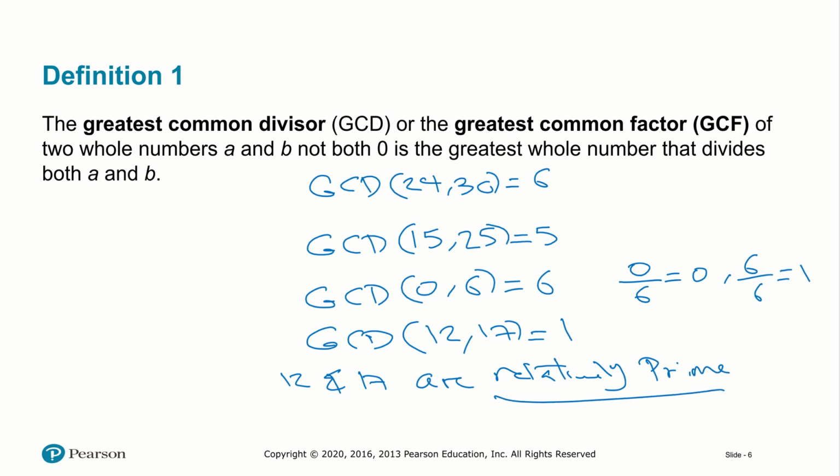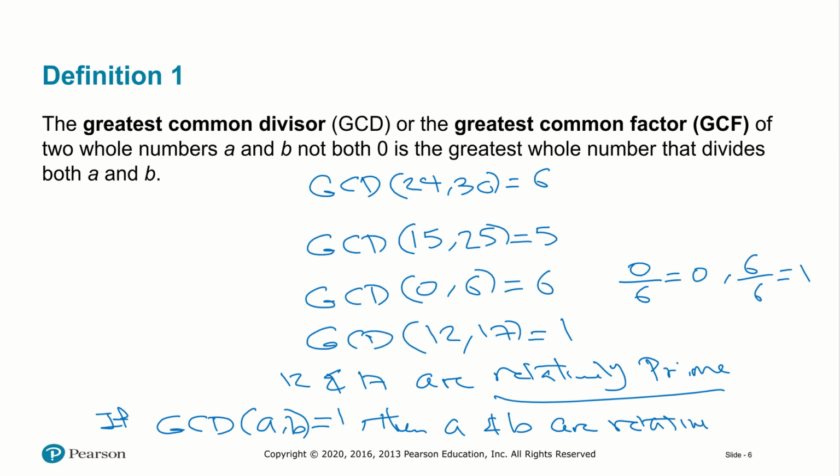So to generalize, we say if the GCD of two numbers A and B, two whole numbers A and B, is 1, then A and B are relatively prime, which just means they don't have any common factors other than 1.